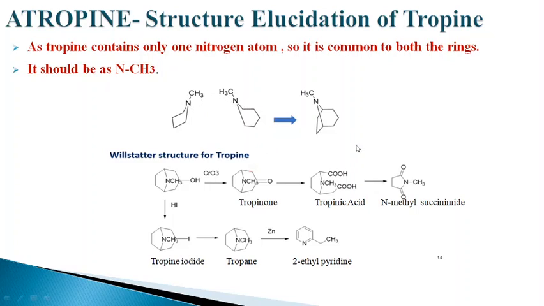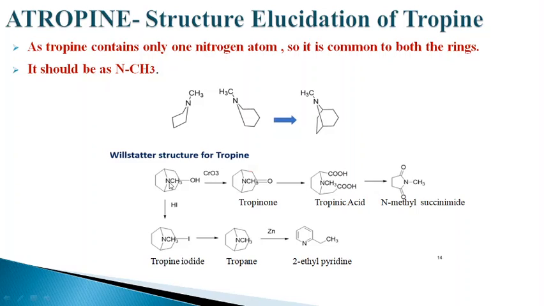When we superimpose both of these, we get this type of bicyclic ring. As you can see, there is a 7-membered ring, and here a 5-membered ring, with the nitrogen methyl group common. So this is the Willstatter structure for tropine. This structure was given by Willstatter.